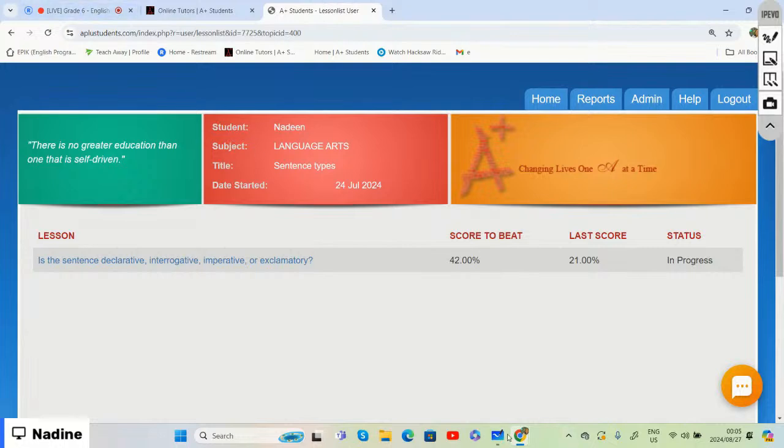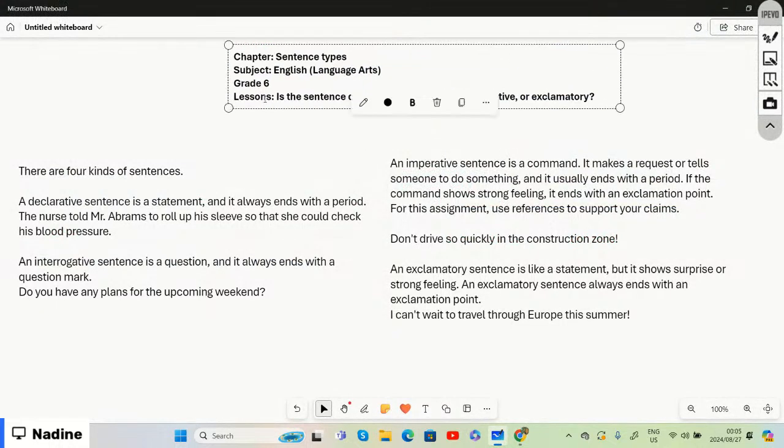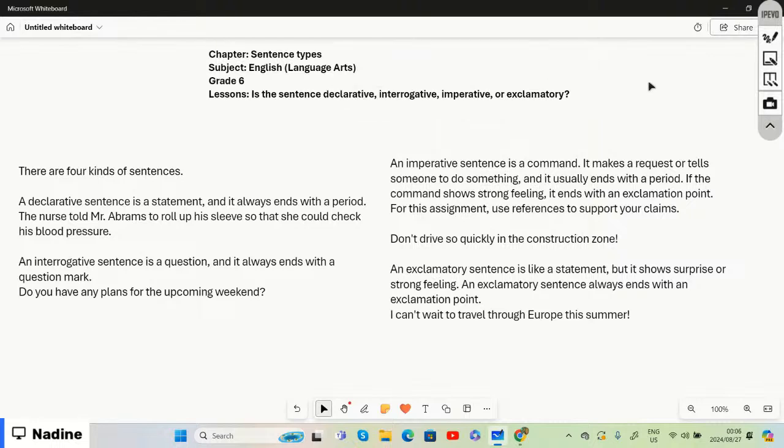All right. So our chapter is sentence types. Our subject is English Language Arts, grade 6. And the lessons that we are going to be focusing on under the chapter of sentence types is: is the sentence declarative, interrogative, imperative, or exclamatory?